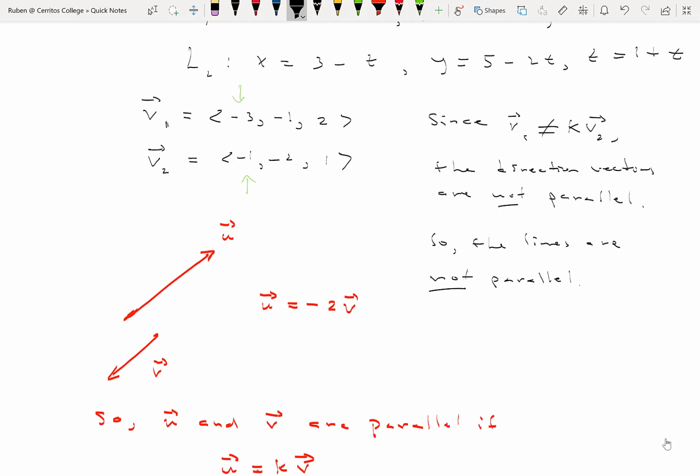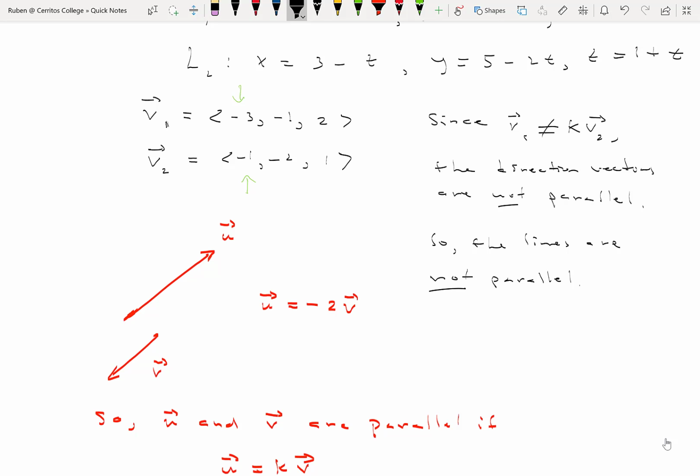If they were in R2, in the XY plane, and they weren't parallel, what would they do automatically? They would intersect. In the XY plane, if two lines aren't parallel, they're going to intersect. Either they lie on top of each other and intersect everywhere on the common line, or they intersect at a point. Now, does the same thing hold true automatically in 3 space?